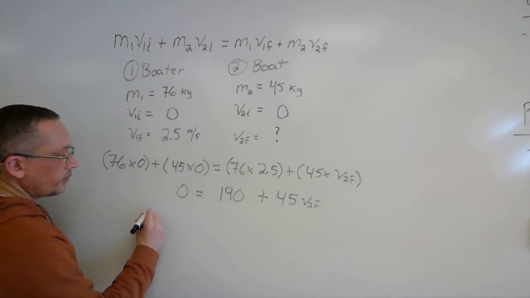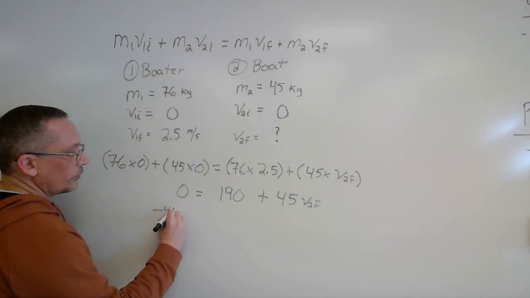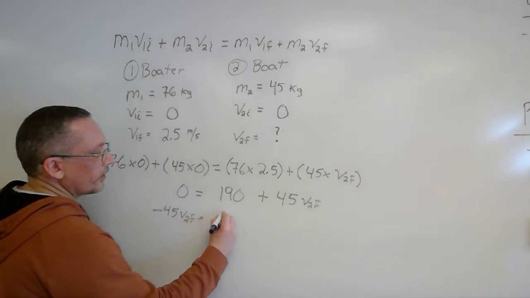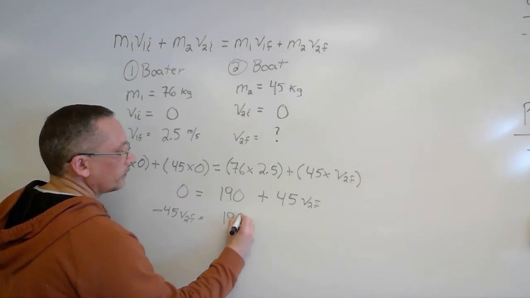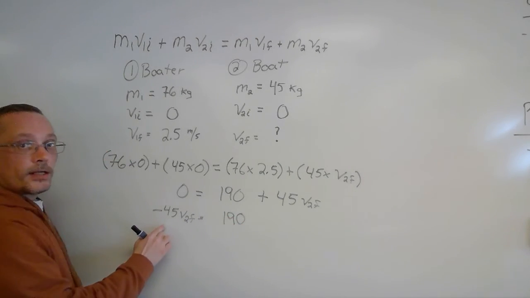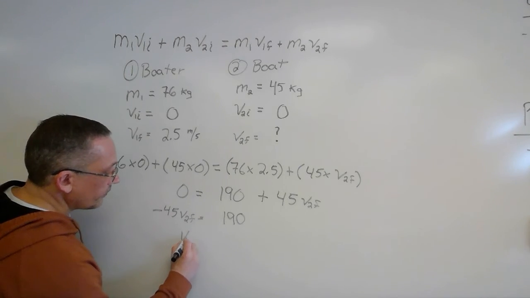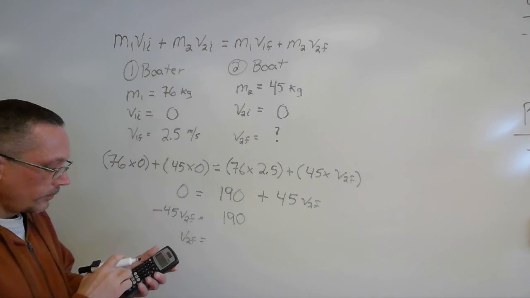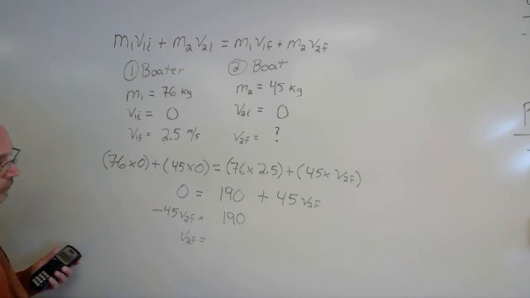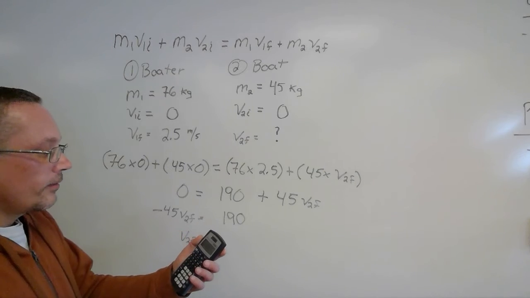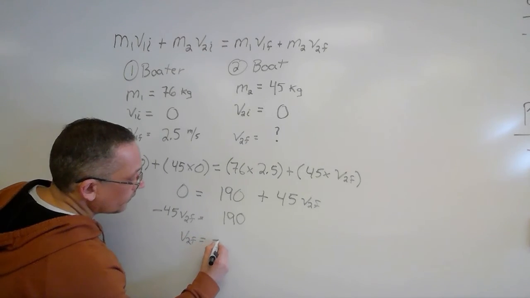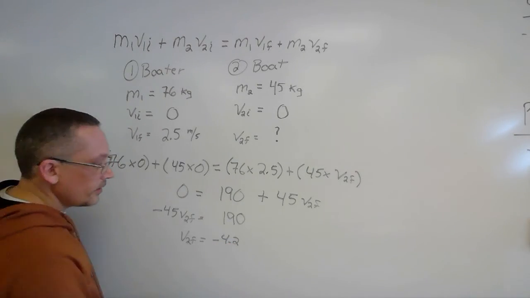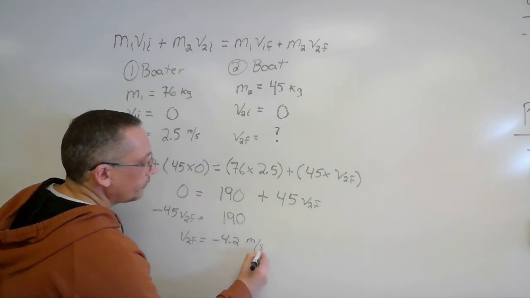So this will be negative 45 V2F, and over here I have 190. And then we'll divide both sides by that negative 45. So V2F equals negative, and since I need 2 significant figures, I'll round that off to 4.2. So negative 4.2 meters per second, since this is a velocity.